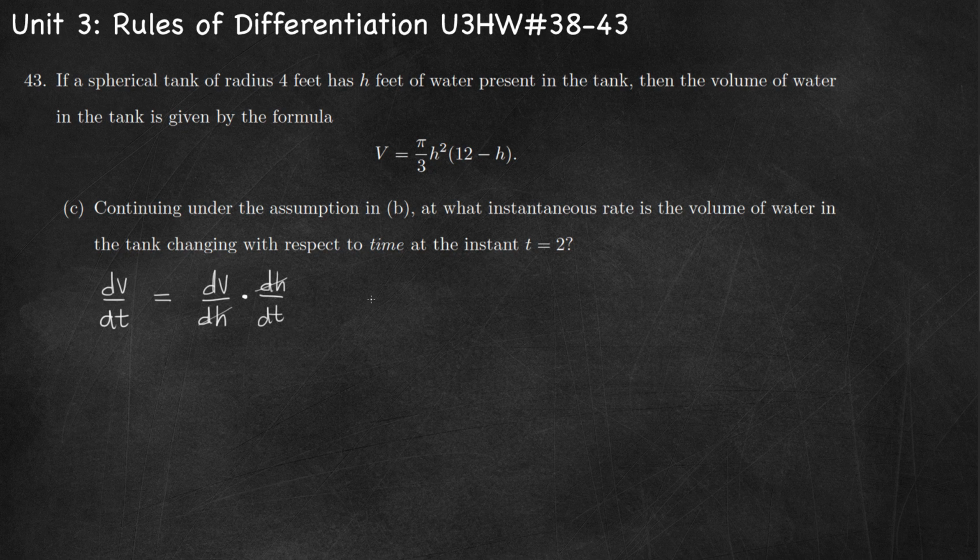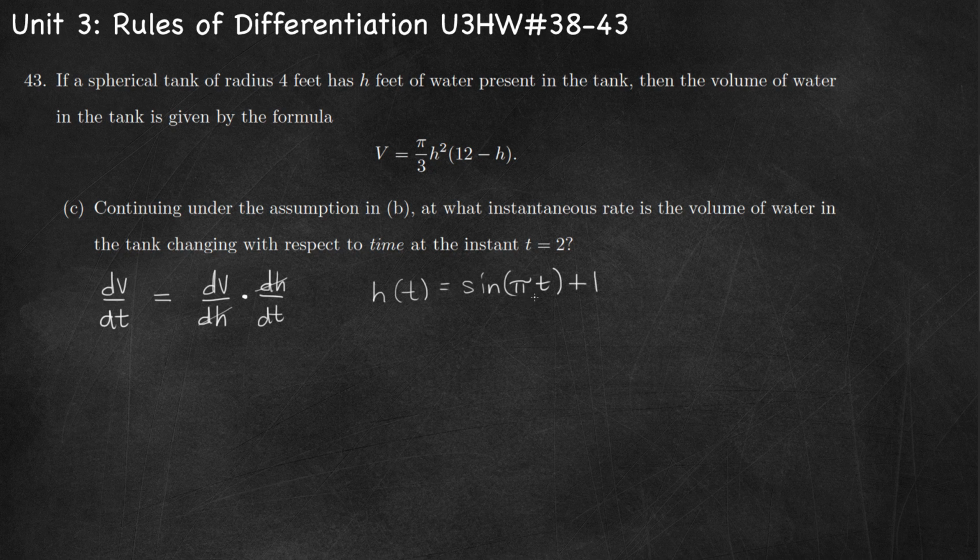So we want to know dV/dt at the instant when t equals 2. Well, dV/dh did not have a t in it. So we need a way to relate h and t. What was the height at time 2? Well, we had an equation for h and t. We know h of t is the sine of pi t plus 1.